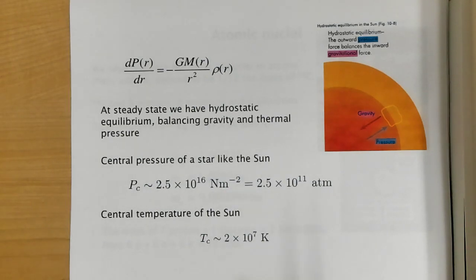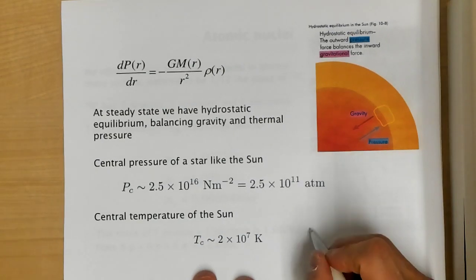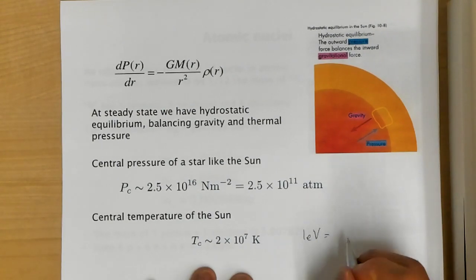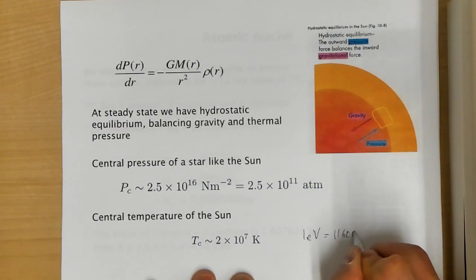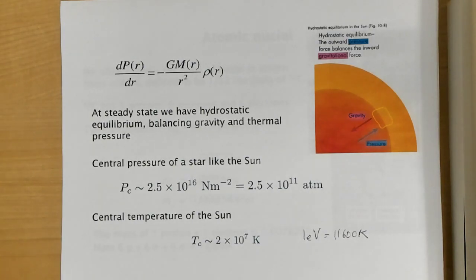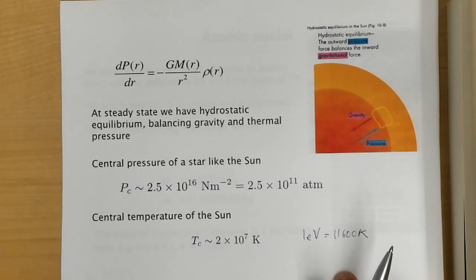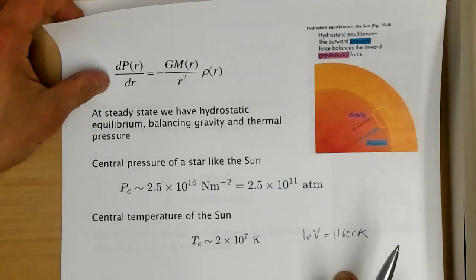Now, we can also use a different unit for this. Converting into electron volts, 1 eV is about 11,600 kelvins. And so this temperature of the sun, 2 times 10 to the 7th kelvins, is a bit less than about 2,000 electron volts in energy.